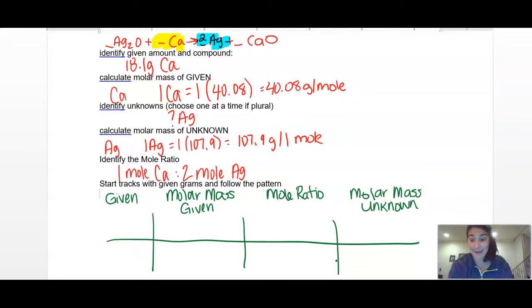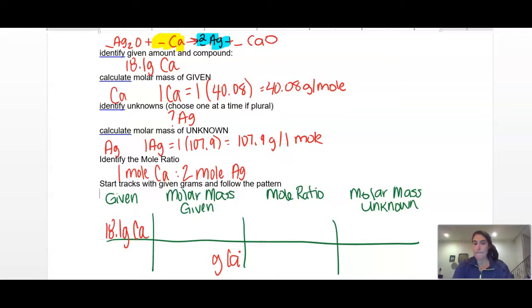That'd be great, right? And so I'm saying, boom, I got 18.1 grams of calcium from the question. That was my given. So if I have 18.1 grams of calcium, I'm going to use train tracks to determine how much silver I could potentially produce in a lab. Remember that our units are canceling on the diagonal. So I have to have grams of calcium down there. Beautiful diagonals.